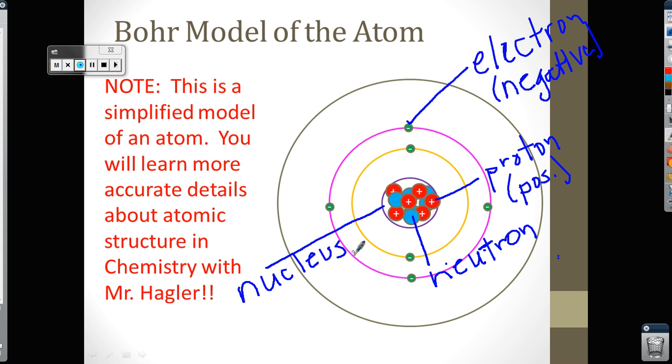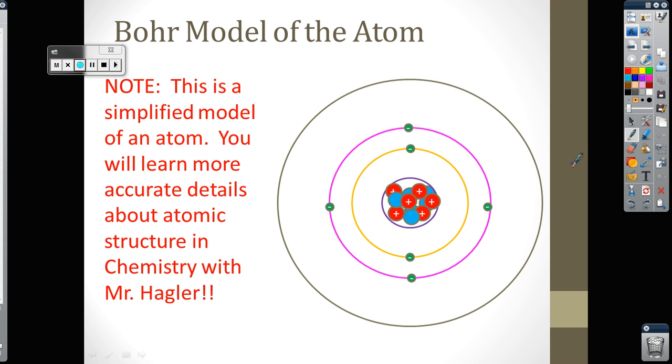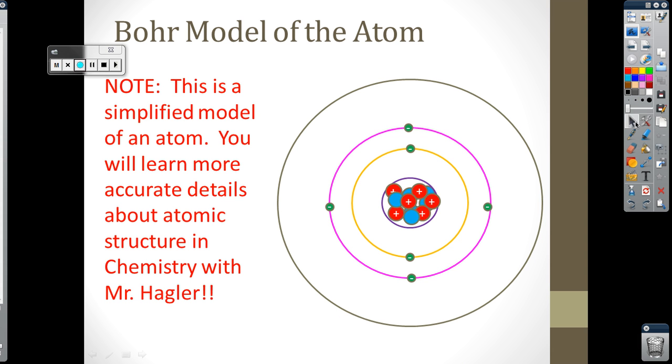The electrons live outside of the nucleus, and they orbit around the nucleus in energy levels that we call shells. So hopefully that gives you a little bit of an idea of the starting point of what an atom looks like. Now I'm going to clear this off, and we're going to go to our next page.